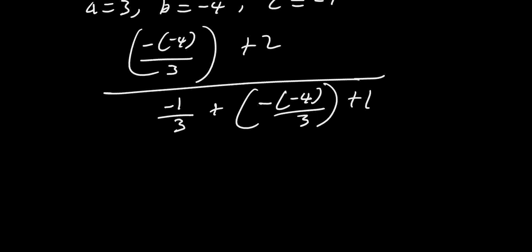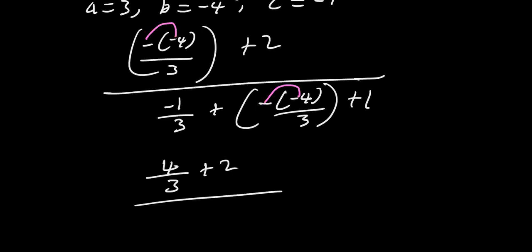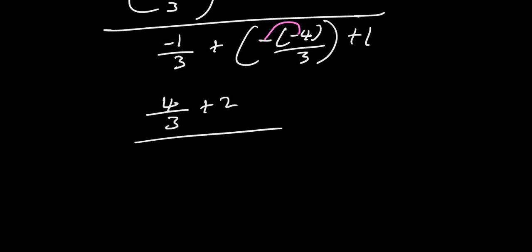Negative multiplies negative to become plus. So this will become 4 over 3 plus 2, all over negative 1 over 3 plus 4 over 3 plus 1.